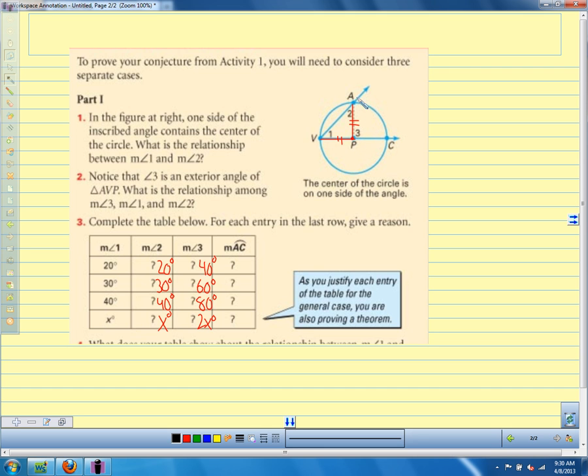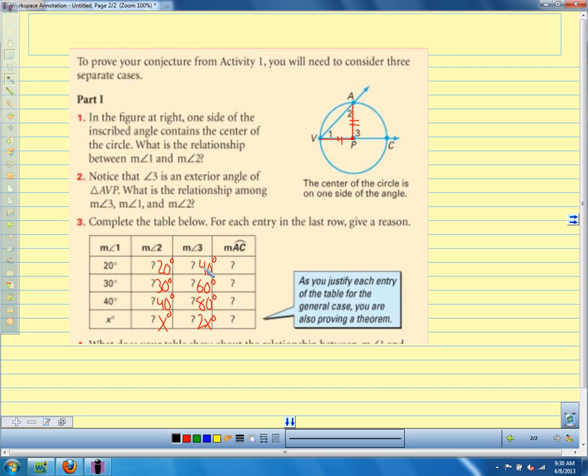How is a measure of the arc and the measure of the central angle, how do they compare? We just talked about it. The measure of the central angle and the measure of the arc. They're the same. That's how we just figured out the measure of the arc is the measure of the central angle. So the measure of arc AC is the same as the measure of the central angle.